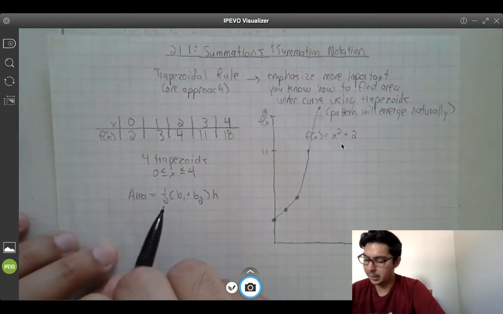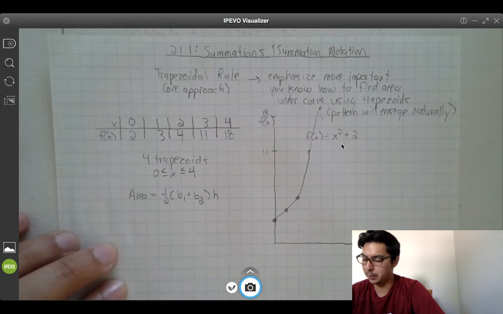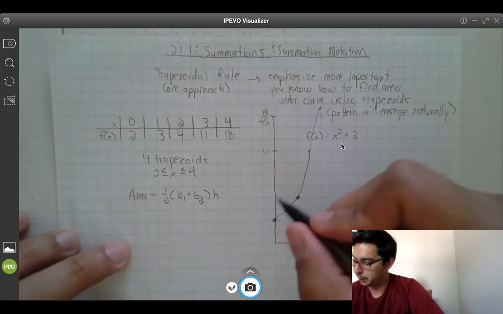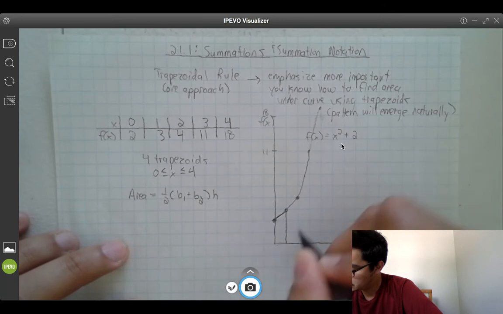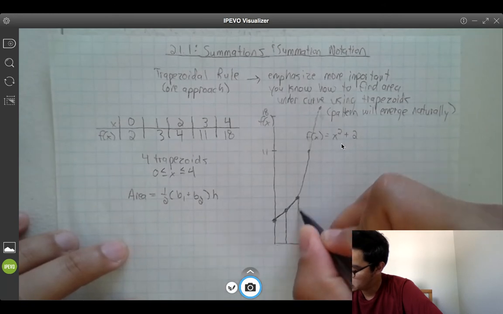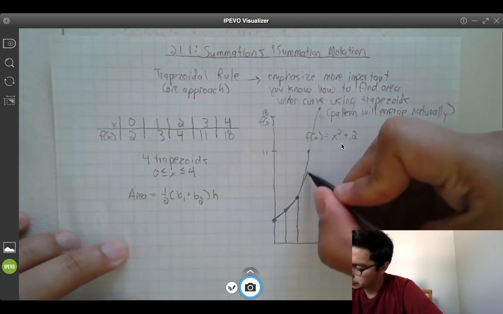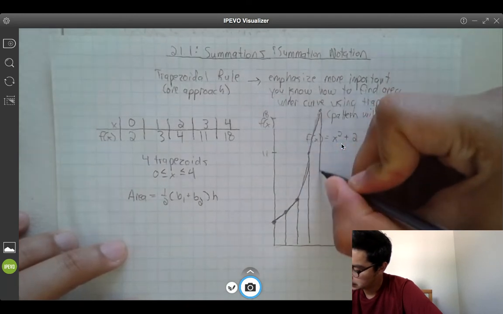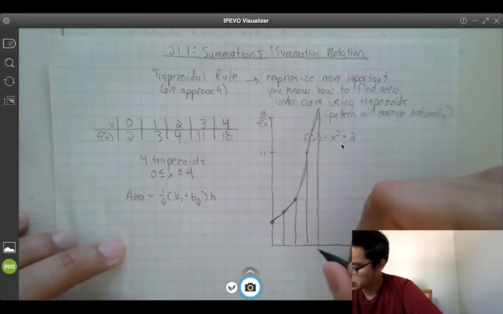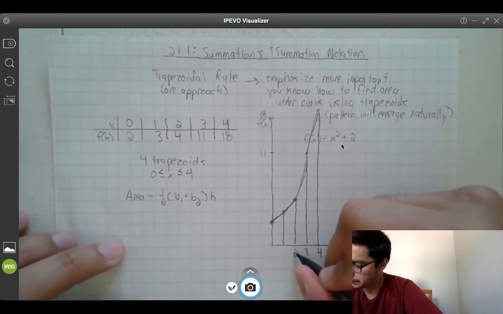All right, the 1/2 is true in all areas of trapezoids. Right? And if we make these trapezoids, as a refresher, you have one there. The next one would be here. The next one would be here. And the last one would be here. Right. There's your 4 trapezoids on 0 to 4.